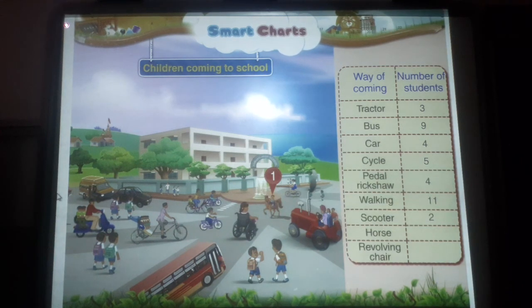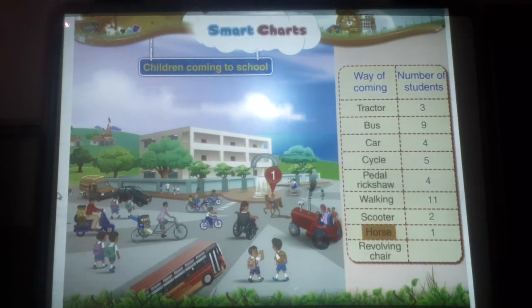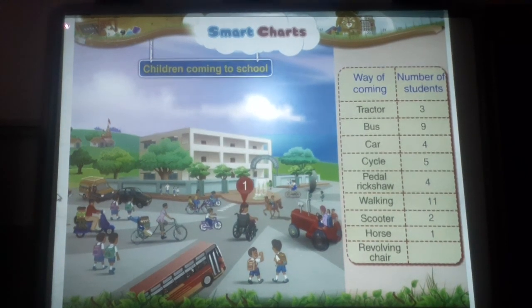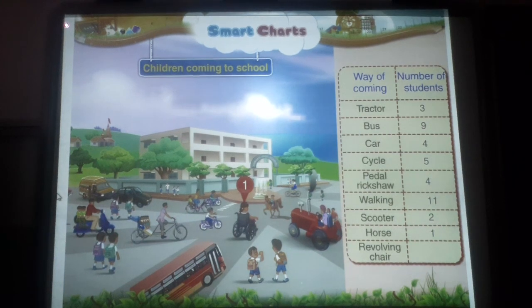So we will write by horse in the column way of coming and 1 against by horse in the column number of students. 1 student comes to school by revolving chair. So we will write revolving chair in the column way of coming and write 1 against revolving chair in the column number of students.